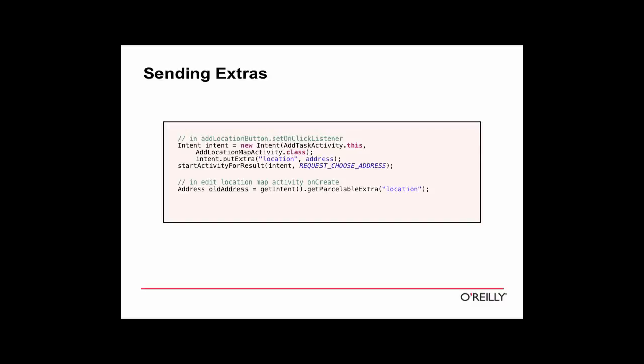In onCreate, you will call getIntent, which is a method on any activity, which will get access to the instance of the intent that created it. Then you get a parcelable extra out of that intent, and that will give you the address that just got passed in. All this code will be listed on the forums so that you can see how this goes. And if you choose to do a little bit more work to understand Android better, that is a good way to do it.